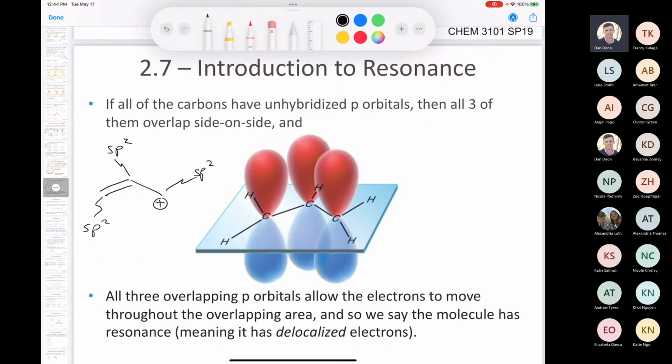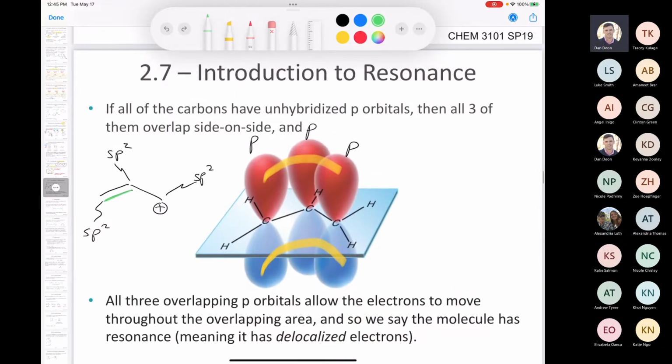So everything is sp2. That means that each one of those is going to have an unhybridized p orbital. And when all three of those unhybridized p orbitals are touching each other, they overlap. What that creates is a conduit or a tunnel, a tunnel where those two pi electrons can be shared between all three of those p orbitals.